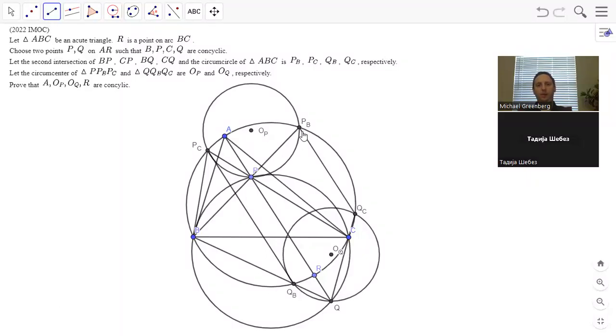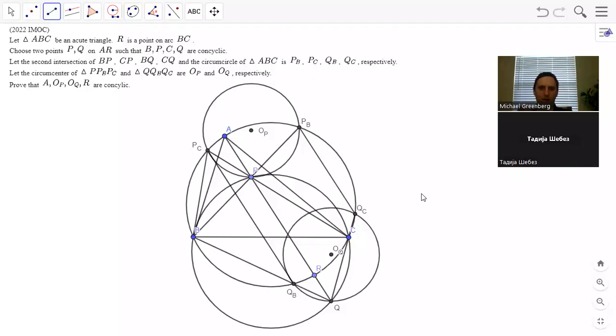PCA, PB, and QBR, QC. Yeah, that's true. But we basically have that QBQC is PCPB, and that proves that those two circles are the same size. Oh yeah, it proves it in a different way.